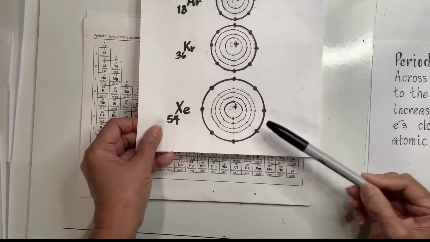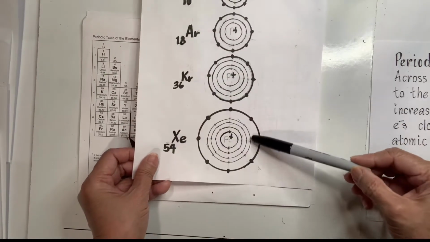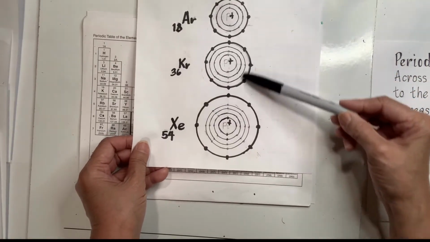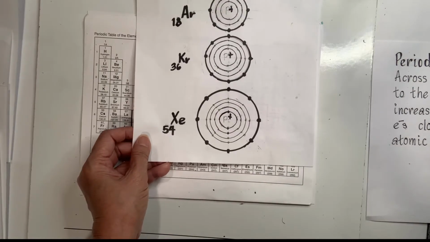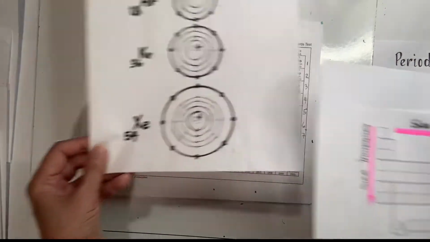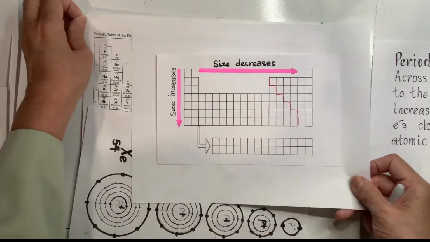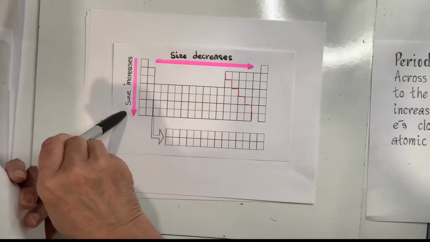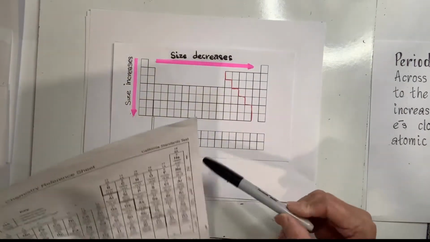So as you can see, from top to bottom, as the energy level increases, the size increases. That is why our trend in size is this: from top to bottom, size increases, and from left to right, size decreases.